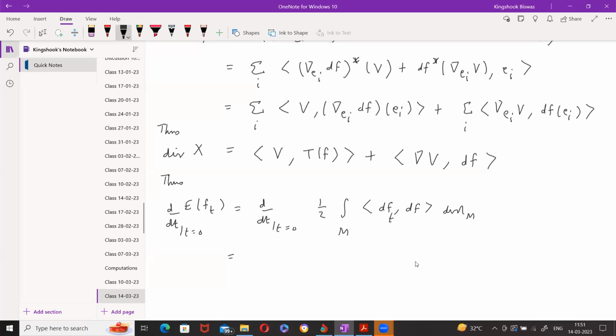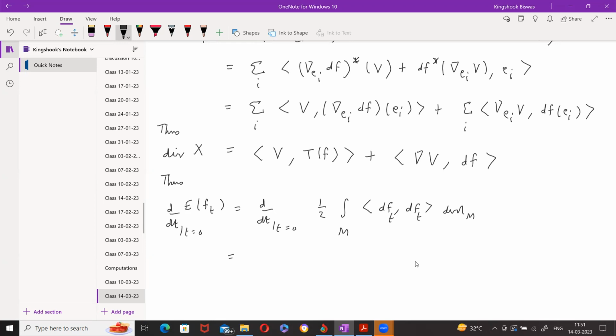So I'll get the inner product of the covariant derivative of dFt with respect to t, inner product with dFt at time t equal to 0.